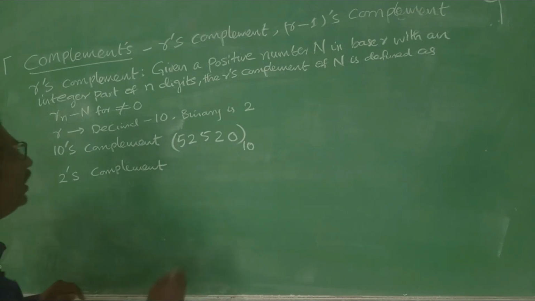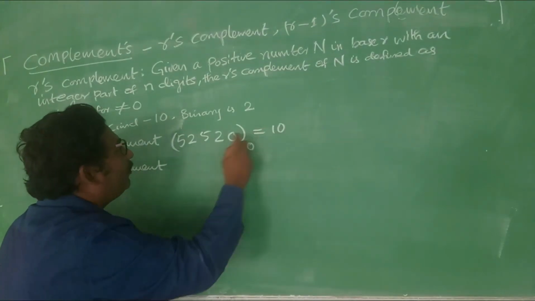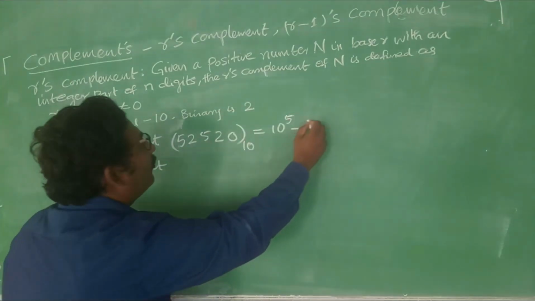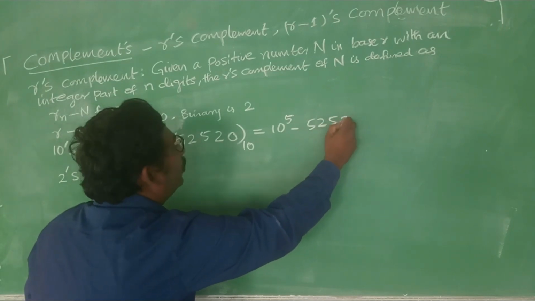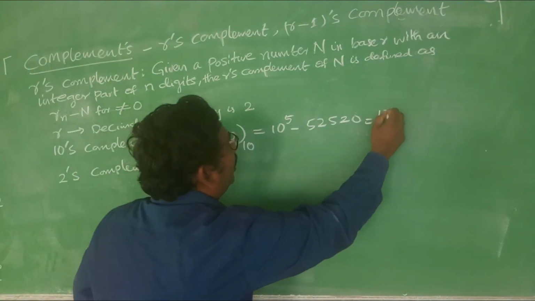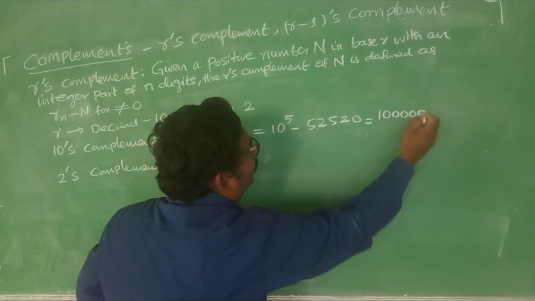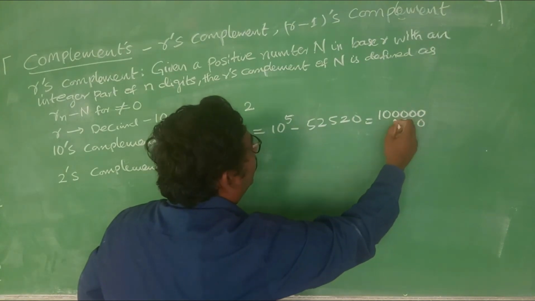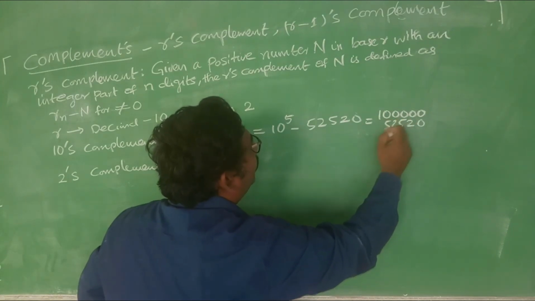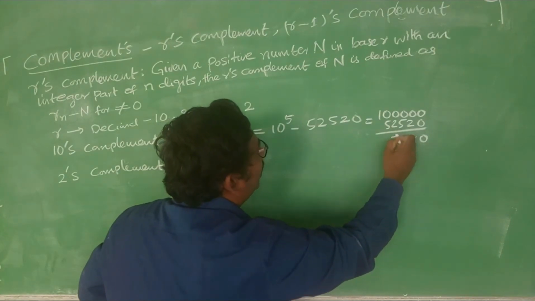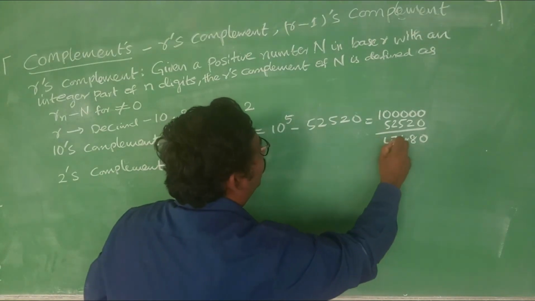To do the 10's complement, we take 10 to the power of 5, since the number has 5 digits, minus 52520. That is 100000 minus 52520.